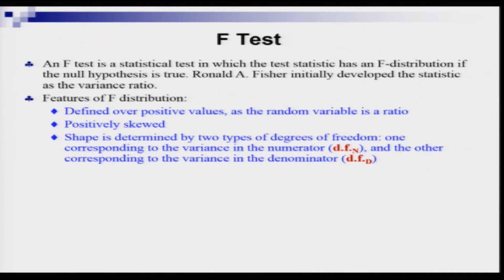Okay, so let me first introduce the F test in the most simple possible language. It is a test for which the test statistic follows an F distribution if the null hypothesis is true, and the famous statistician Ronald A. Fisher first developed this statistic as the variance ratio.